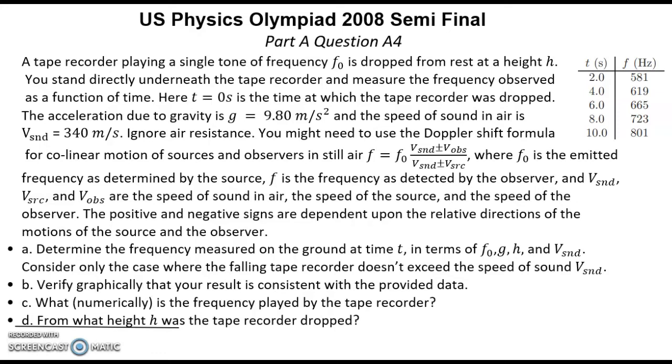You might need to use the Doppler shift formula for the motion of source and observer in still air.